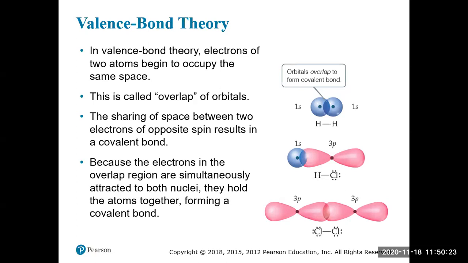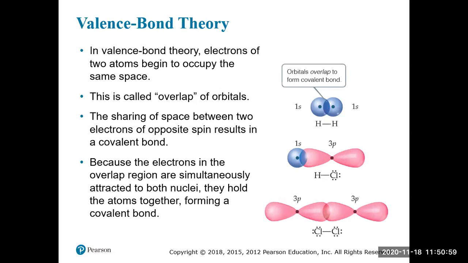So we have this shared space between the two electrons, with their opposite spins, and that's what forms the covalent bond, because the electrons in the overlap region are simultaneously attracted to both nuclei. So they're in this overlap space, being attracted to the nucleus of each atom. This holds the atoms together, and that's the formation of the covalent bond.